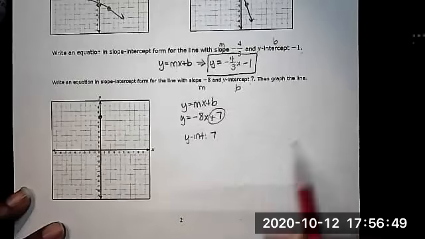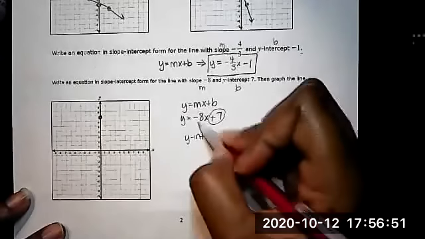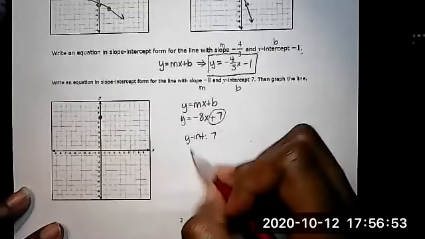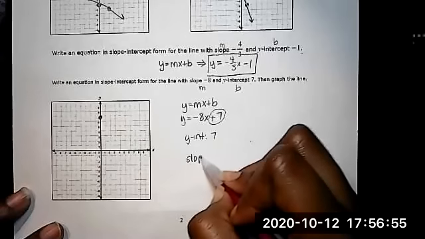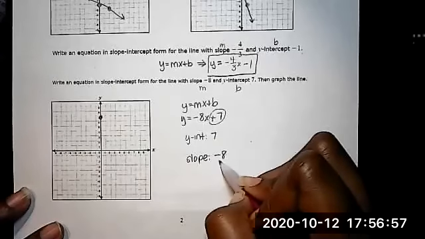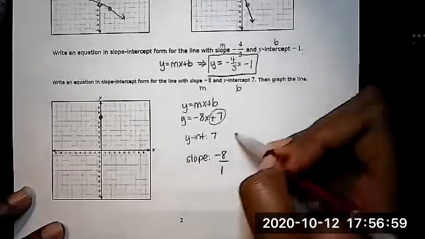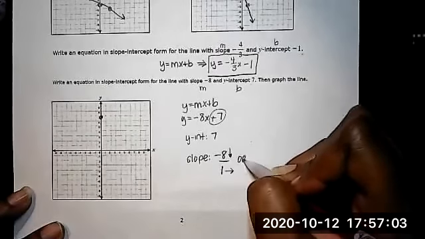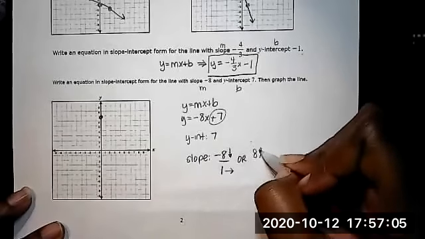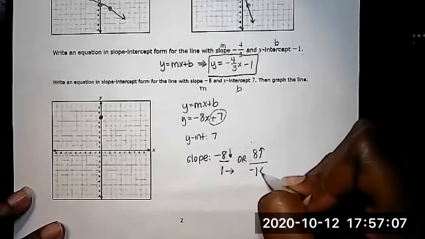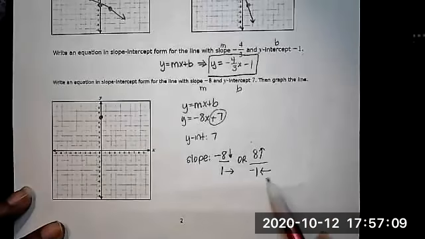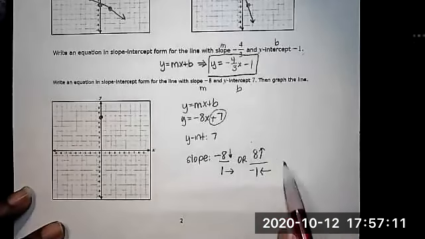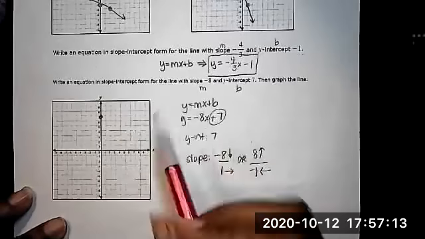And then we are going to use our slope, which is -8/1, down 8, right 1, or up 8, left 1. It's also true. Okay, both are true for our slope. So I'm going to start with 7.